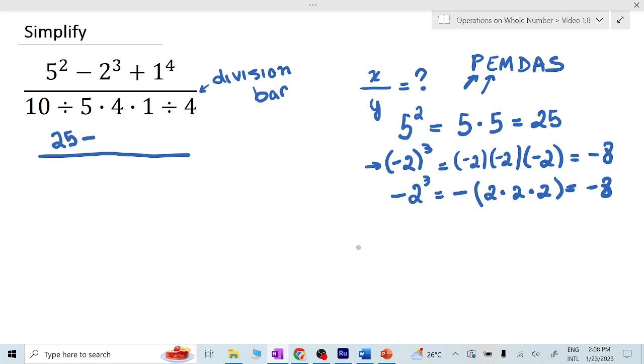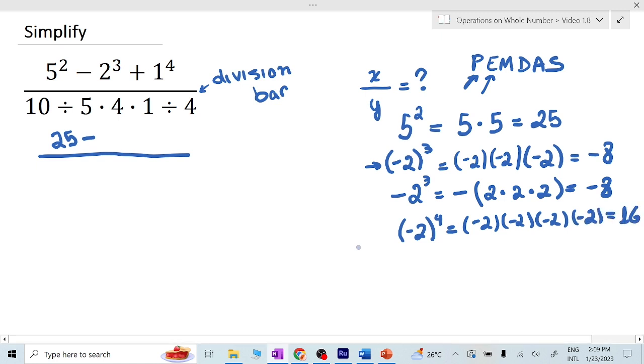Let's just say it was the fourth power, just to show you how it works. If it was to the fourth power, I would have negative 2, negative 2, negative 2, negative 2, and I will have positive 16, correct? Now, if I have minus 2 to the fourth power, it is going to be minus, and then 2 times 2 times 2 times 2, which is going to be negative 16.